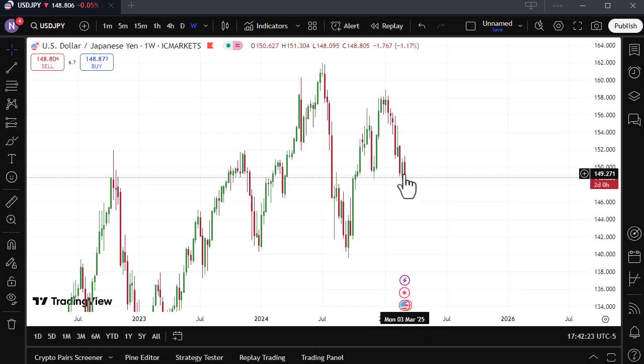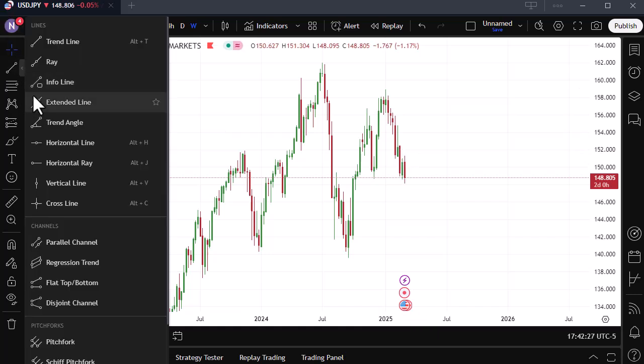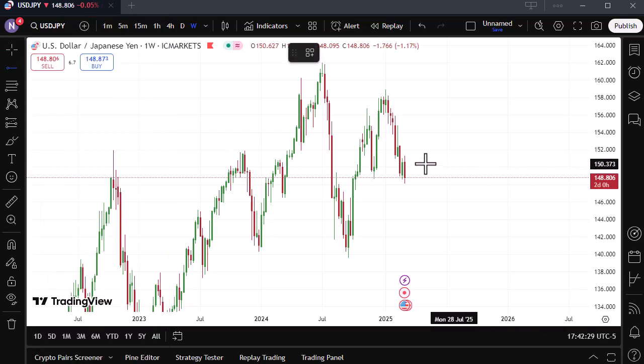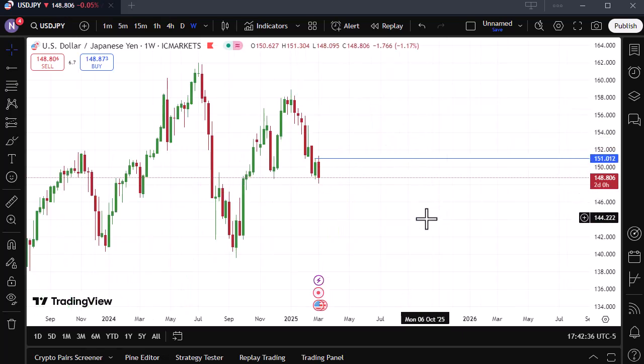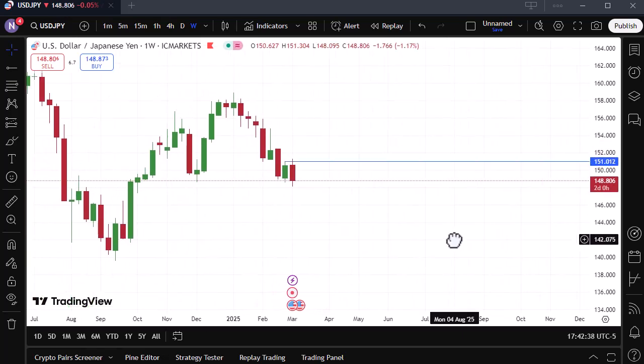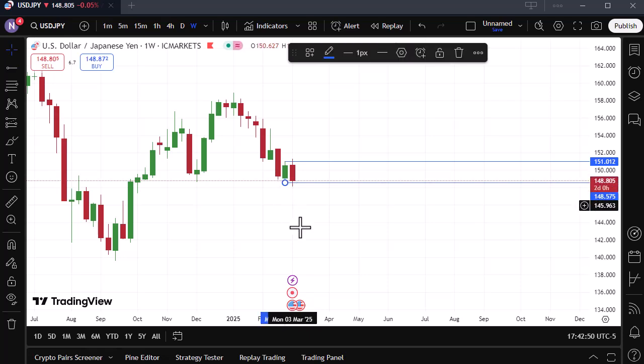on Monday it went up and took out the liquidity on the upside. It went up and took out this liquidity here. It went up, took out the liquidity on the upside, and then it retraced back down and took the liquidity on the downside here.